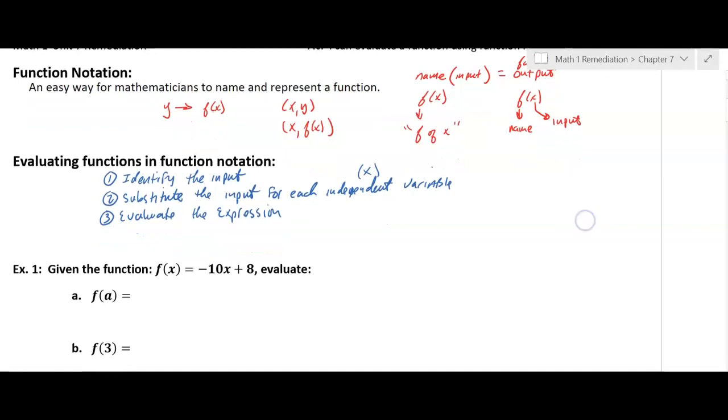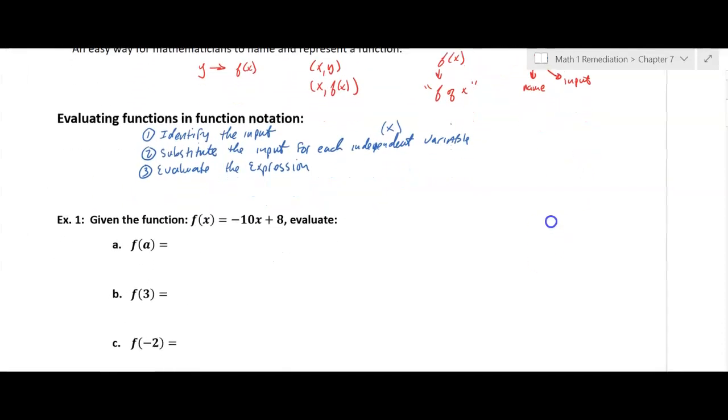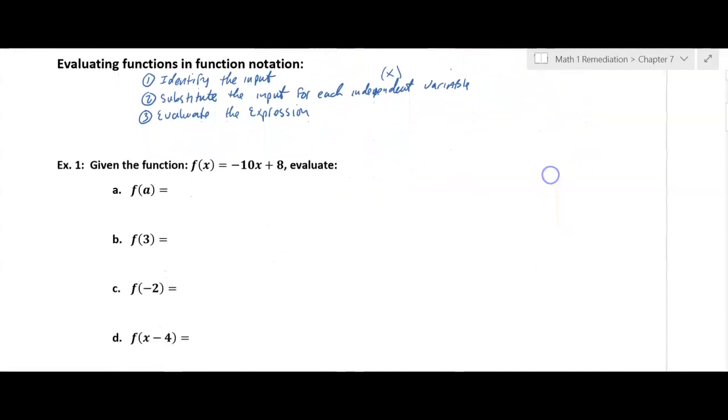Okay, so with this in mind, let's take a look at these. So here I have, given the function f of x equals negative 10x plus 8, evaluate the following. Right away, the name of the function is f, and the input is x.